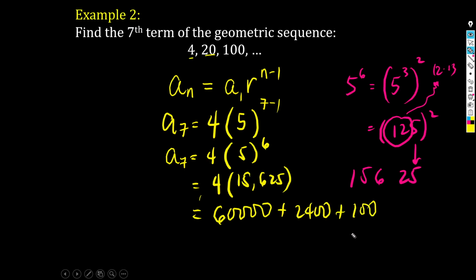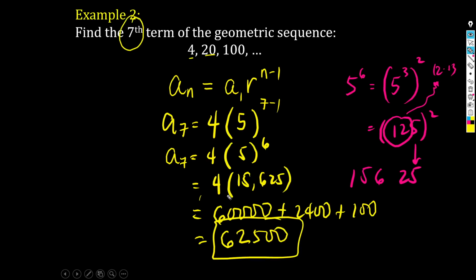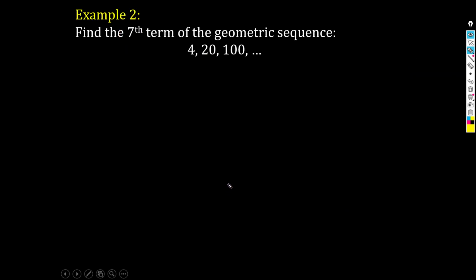Di ba? Magsanay kayo ng mental math. That should give me 60,000, 62,000, na pag in-add ko to, and then 500. Yeah. So this right here is the 7th term of your geometric sequence. Okay? Again, pause kung kinakailangan, balikan yung solution. Next.